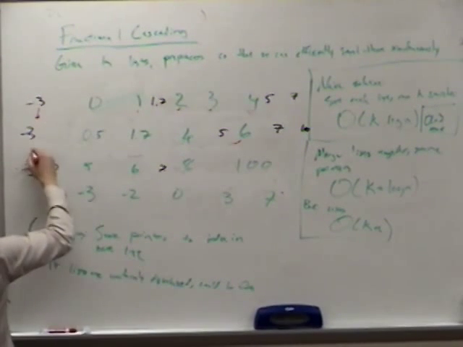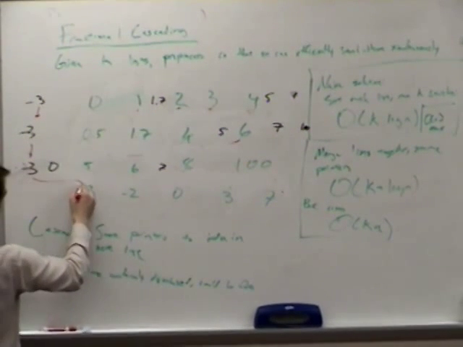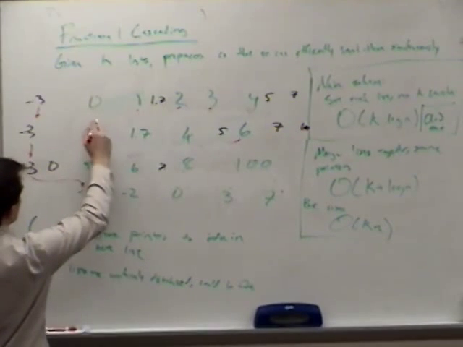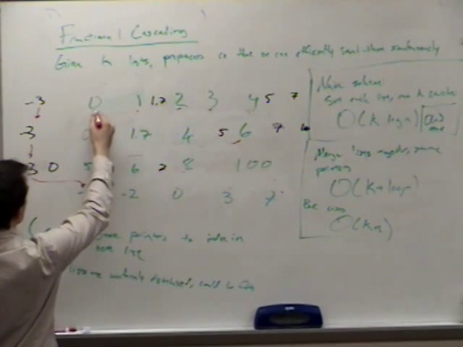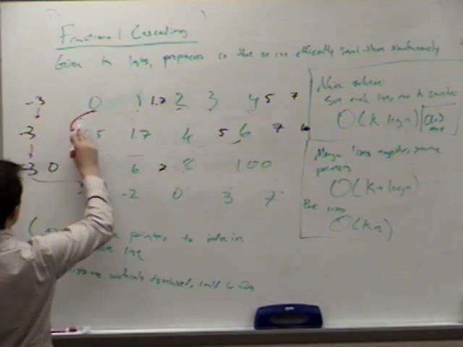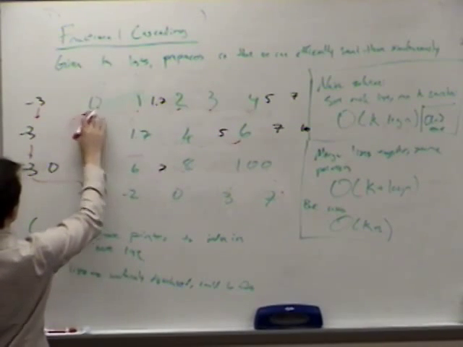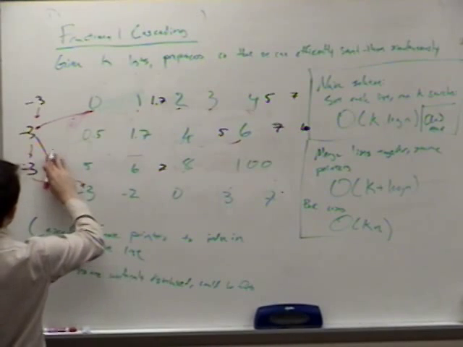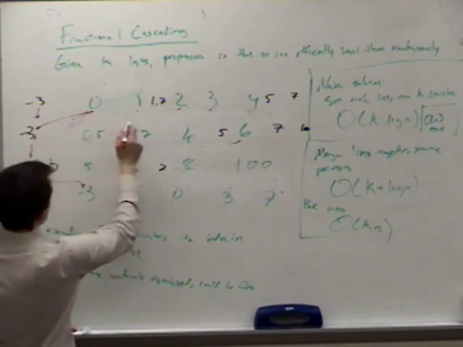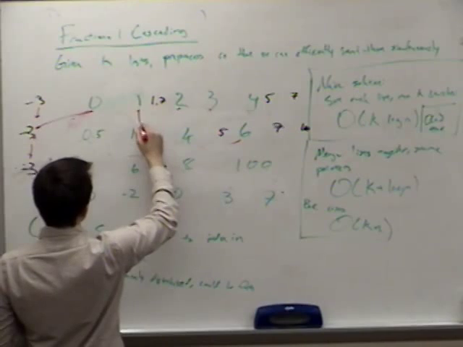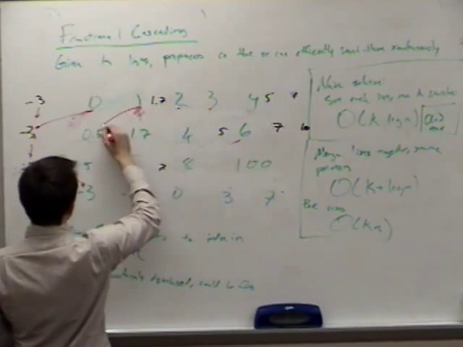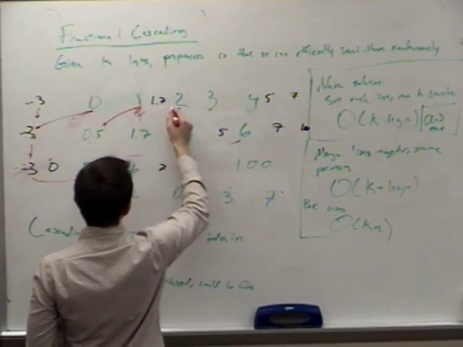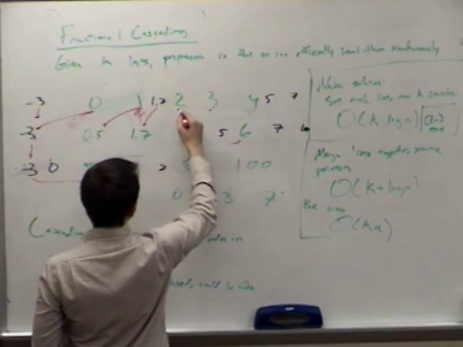So 3 will point down there. Similarly, 0 points there. 1.7 points there.